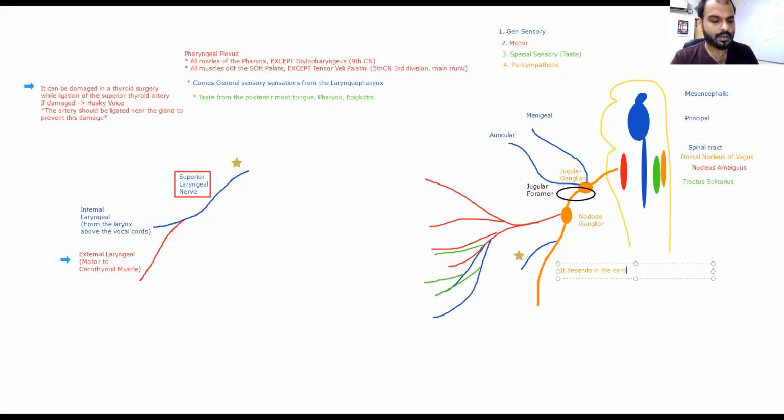In the carotid sheath behind, in the groove between the internal jugular vein and the common carotid, or internal carotid, because below the level of bifurcation it will be common carotid, and above the level of bifurcation it will be the internal carotid artery.